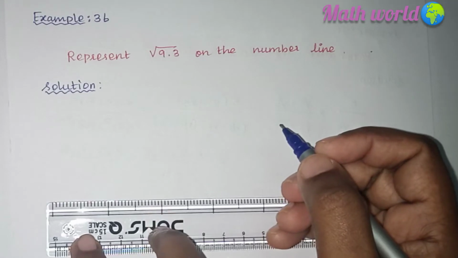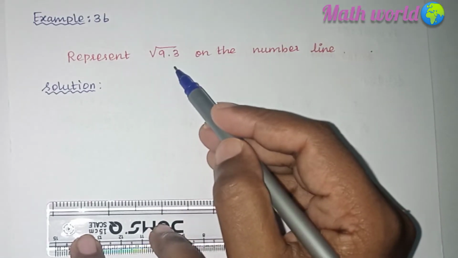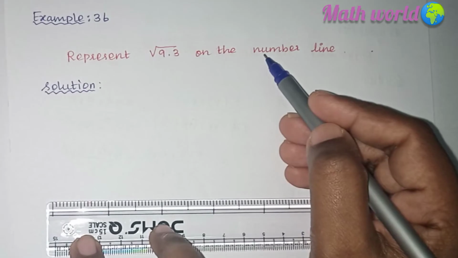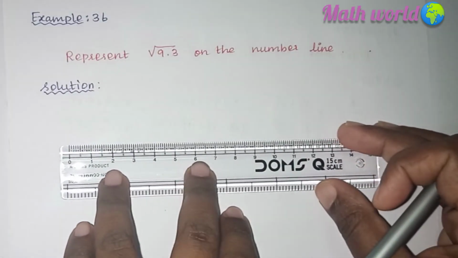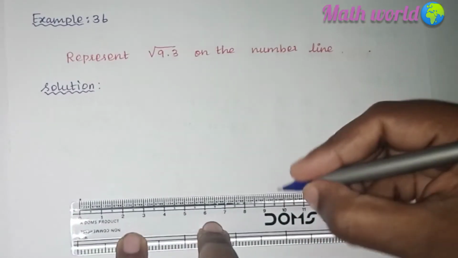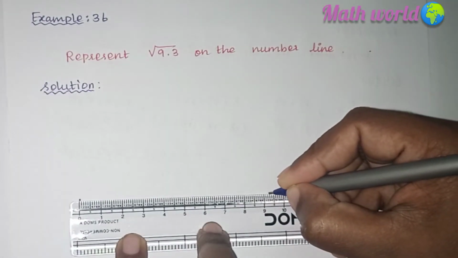Example number 36, represent square root of 9.3 on the number line. First I need to draw 9.3 centimeter on the ruler. I take this ruler and mark from 0 to 9.3.